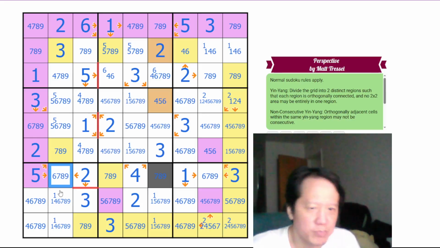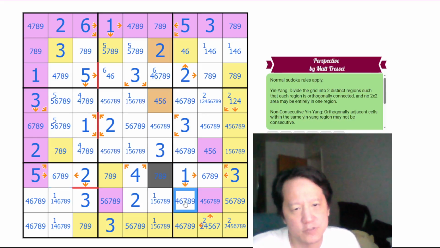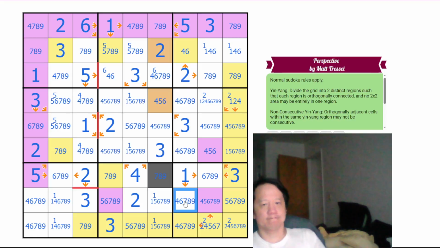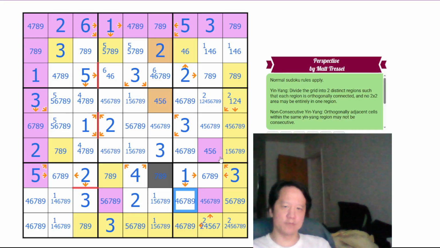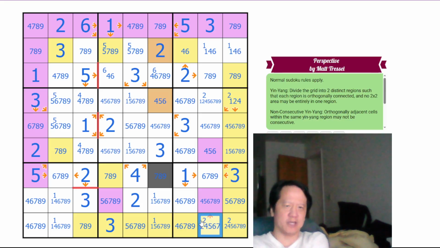Does that help? I don't know either. If this is 6, obviously this would have to be a high digit, so that's fine. So really, I guess it's these pairs that are the interesting thing. Maybe, oh, I think we've gotten most of what we can from the yin-yang shading.